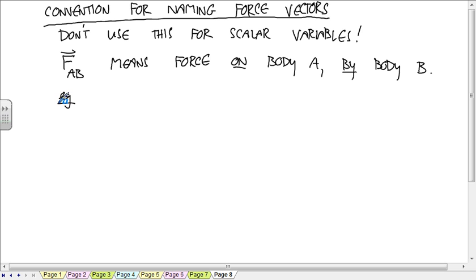So for example, say that you had two objects sitting on top of each other. Let's say that this is 20 kilograms. This is 50 kilograms. And let's say that there is a downward force of 100 newtons pushing on the top one.